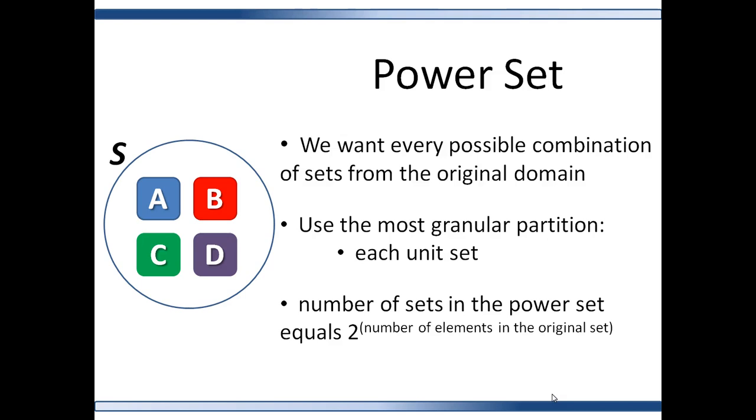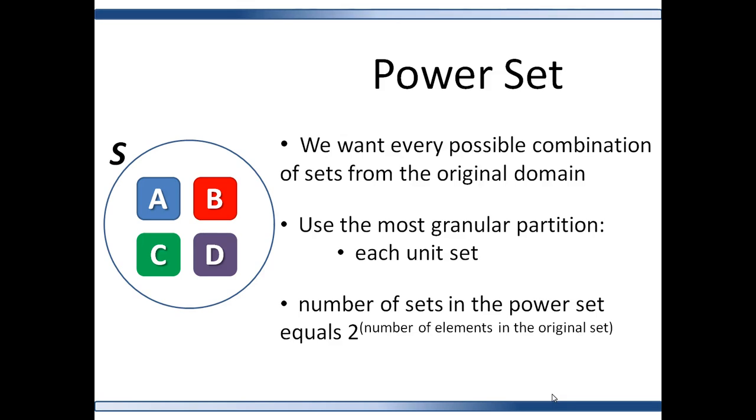This would be a sigma algebra where each element in the domain S is in the sigma algebra. But when they're in the sigma algebra, these elements are sets, so they're unit sets. The sigma algebra that you will generate is called the power set. The power set is a sigma algebra that includes each individual element in the original set as a unit set.